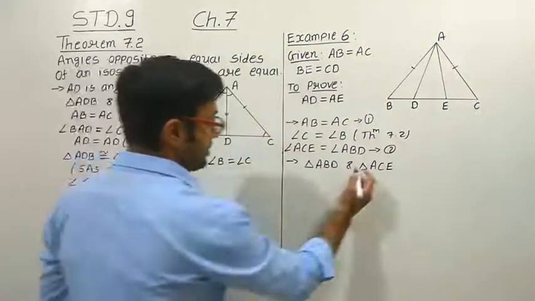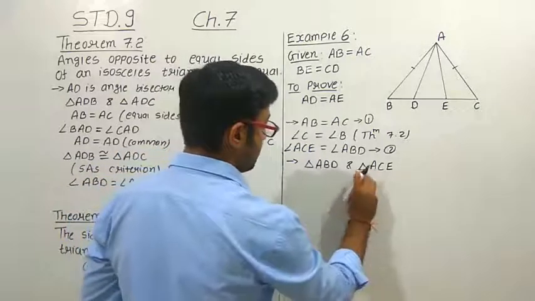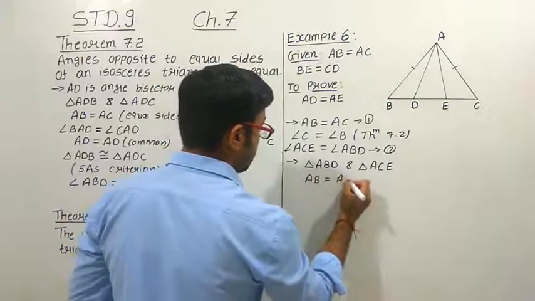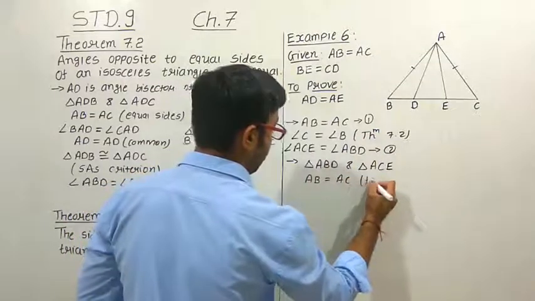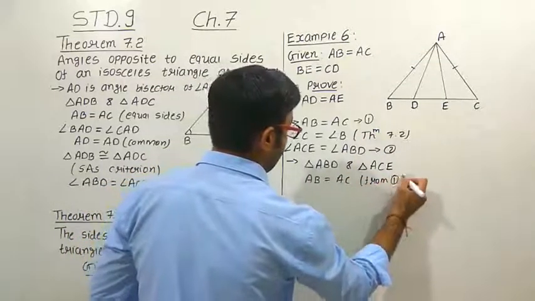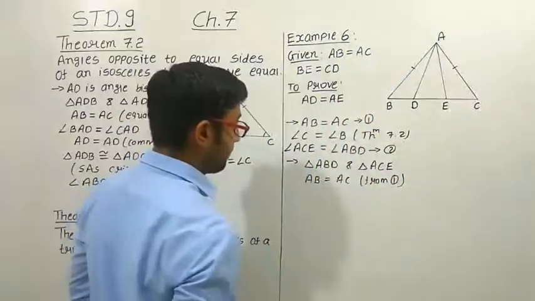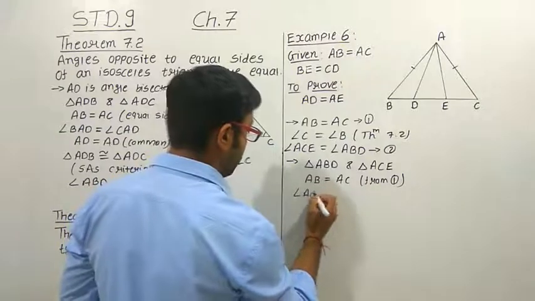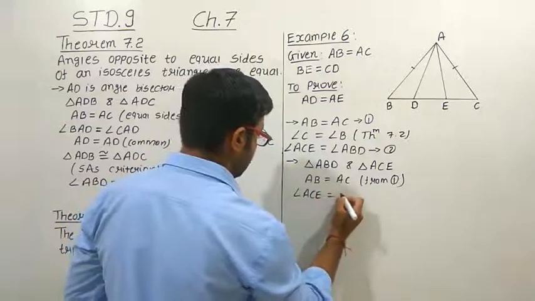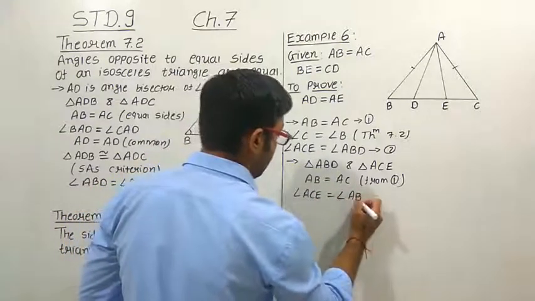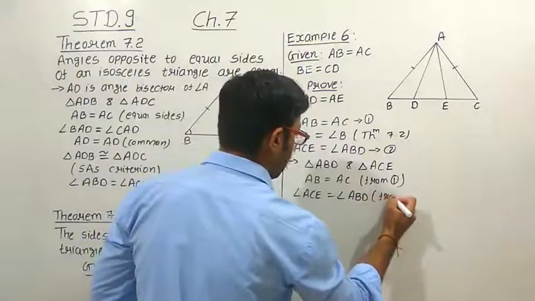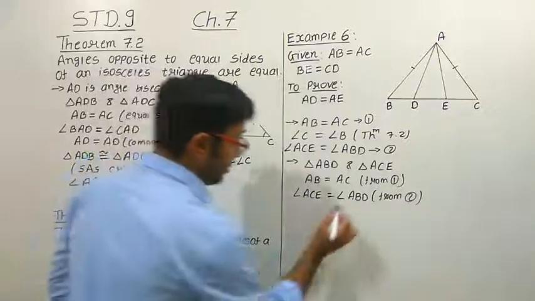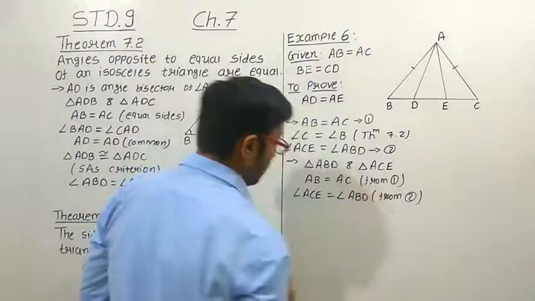See, out of these conditions we already have, AB side is equal to AC side. This we can take from 1, or we can take it from the given. The second thing we have written here is that angle ACE is equal to angle ABD. This we have taken from 2, right? Now what is the third condition we can take here?